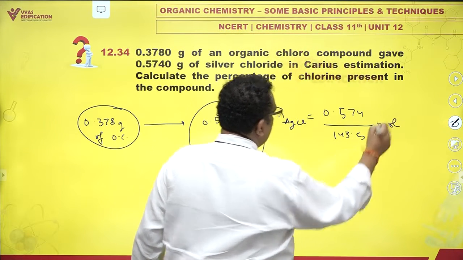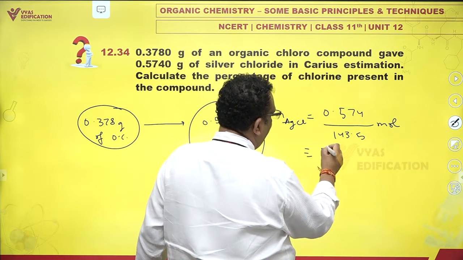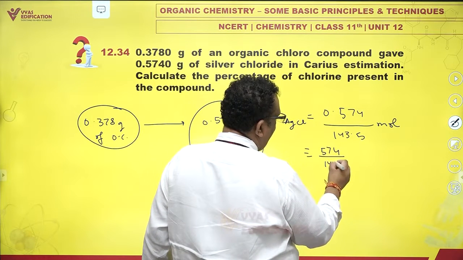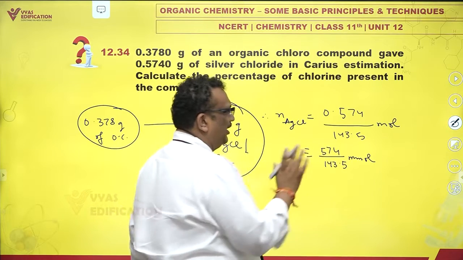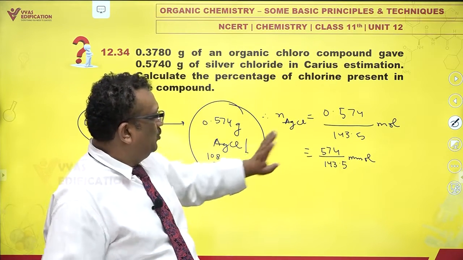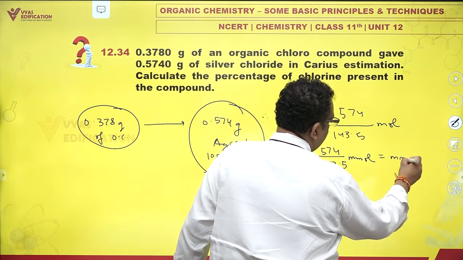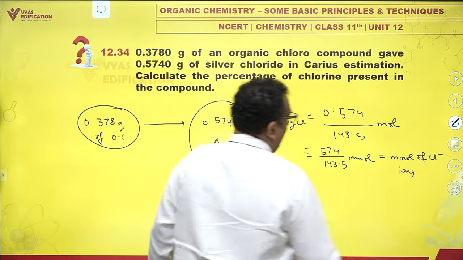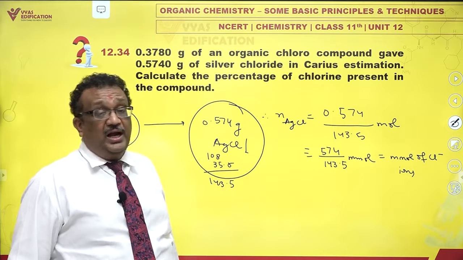So many moles of AgCl, or 574 upon 143.5 millimoles, just to make the numbers look more humane. So many millimoles of AgCl, and this is equal to millimoles of chloride ions, or even chlorine atoms.